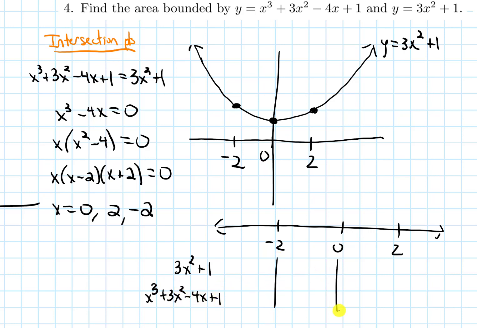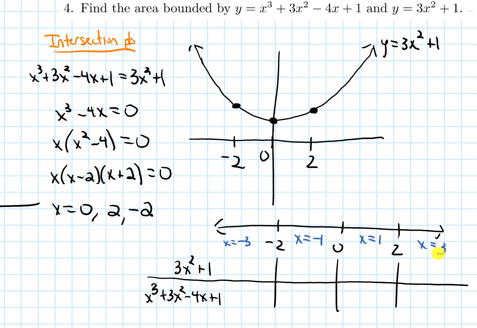And I'll separate out some columns and a row. And I'll pick a test point in each region now. So maybe I'll do negative 3 over here, maybe I'll do negative 1 over here, maybe positive 1, and then positive 3.